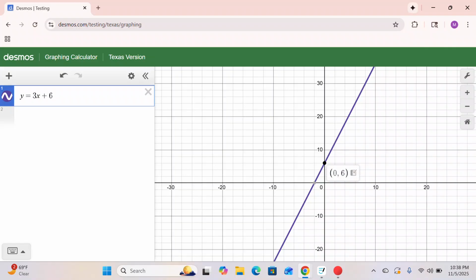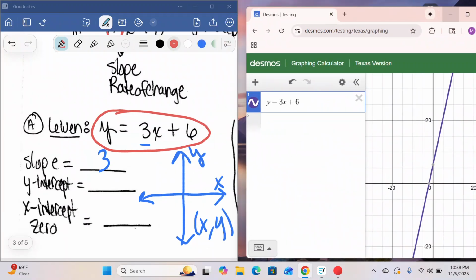So the question at hand is, what is your y-intercept? Well, where does it cross my y-axis? It crosses my y-axis at 0 comma 6. So my y-intercept, where this line crosses the y-axis, is 0 comma 6. Where it crosses my x-axis is not that one, but it's that one, so it is negative 2 comma 0.